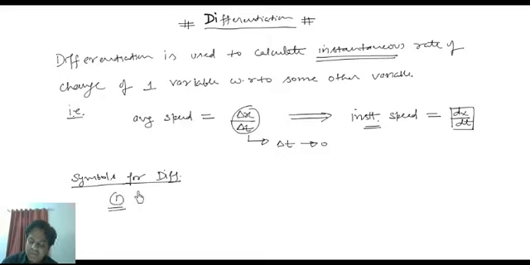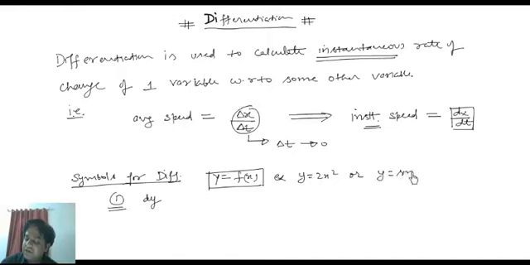There are many symbols used for differentiation. Let's say we have a function y is equal to f(x). Y is equal to f(x) is a function like, for example, y is equal to 2x square, or y is equal to sin x, or maybe y is equal to cos x or anything else. So if somebody asks you to differentiate this function f(x), that is 2x square, with respect to x, they will ask you to find this.